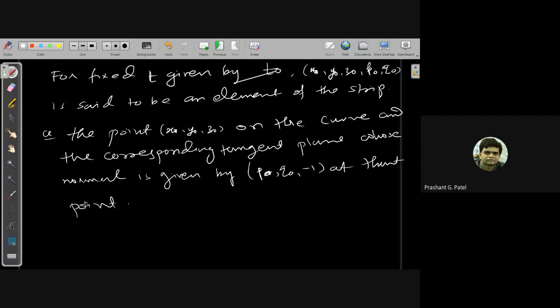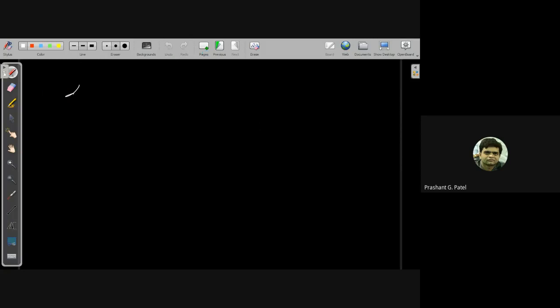Now any five functions x of t, y of t, z of t, p of t, q of t can be interpreted as a strip only if the following condition is satisfied, that is dz by dt is equal to p of t dx by dt plus q of t dy by dt.